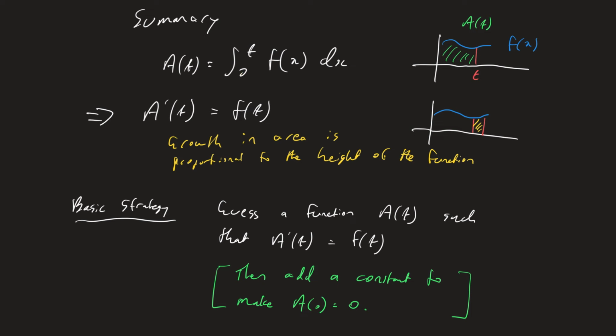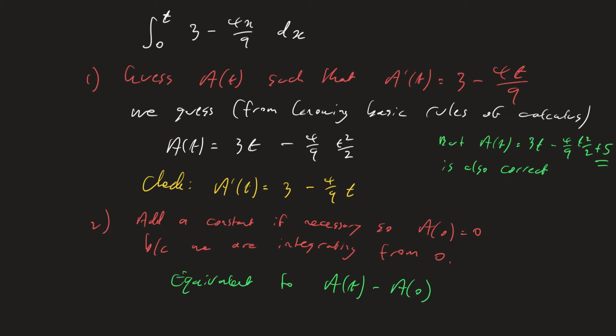And that's simply because for today's video, we're just integrating from 0 to t. So when t is equal to 0, then the area is 0. Returning to today's problem, we're going to evaluate this integral again, but taking smaller steps. So step 1 is to guess the functional form of our area A of t.